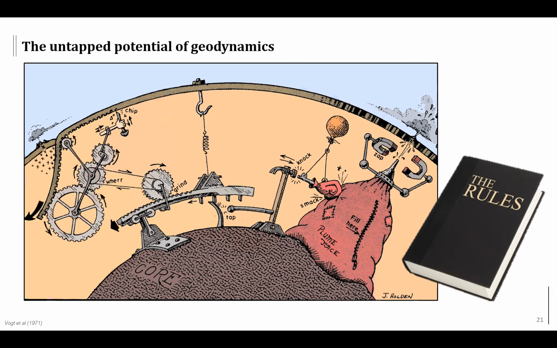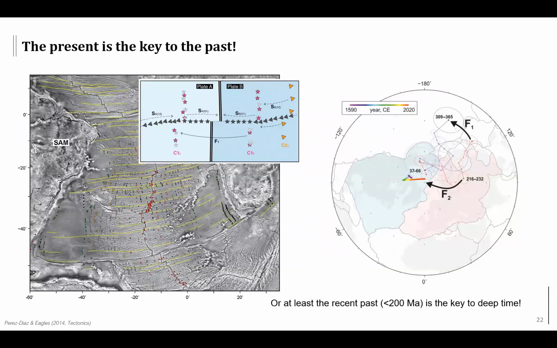I think what we need to do is remember that the present is the key to the past, or in plate modeling, the recent past is the key to deep time. There are workflows and there are ways, and the Indian plume and our models for that part of the world are an example. All of the models that we use for that part of the world only use seafloor spreading data, which is a type of data that has very, very low uncertainties and is very well understood.